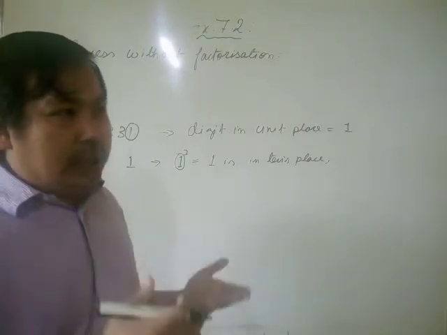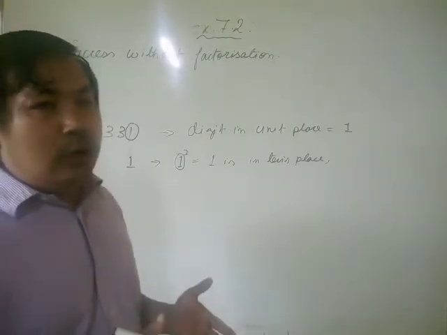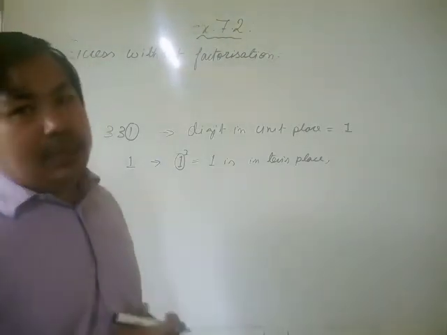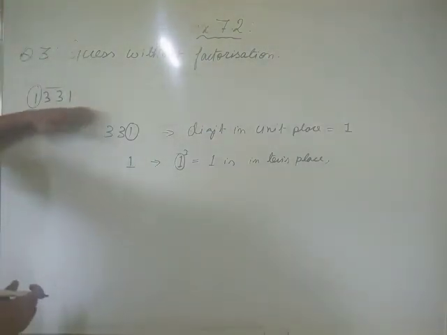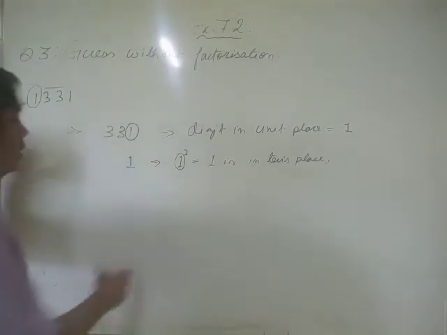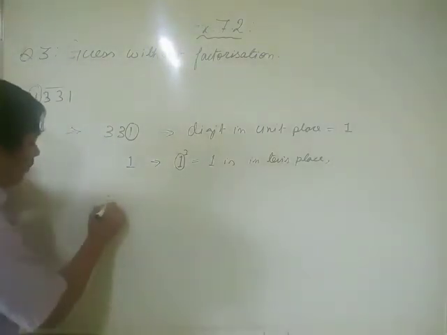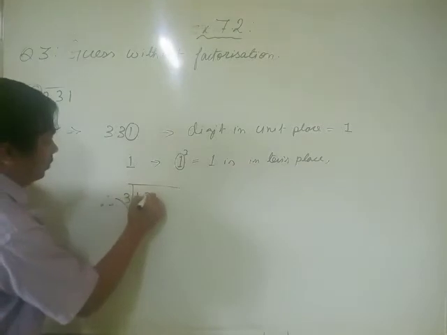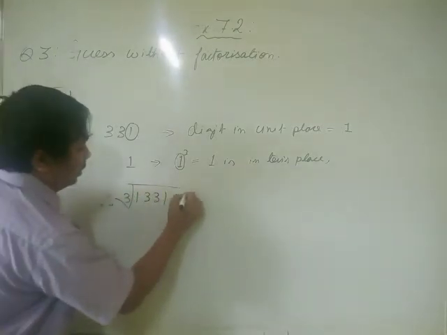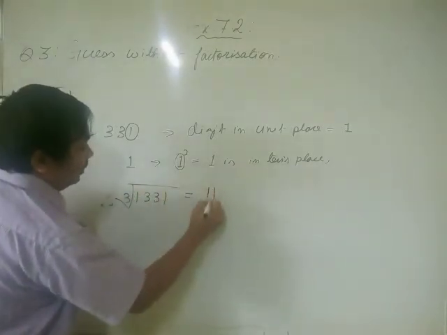We get 1 itself, so 1 will be the number in the tenth place again, just like that, after grouping. Okay, so therefore the cube root of 1331 equals 11 is the answer.